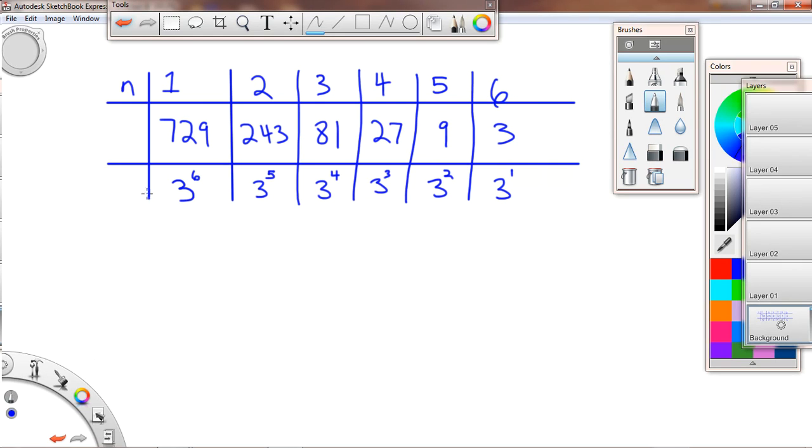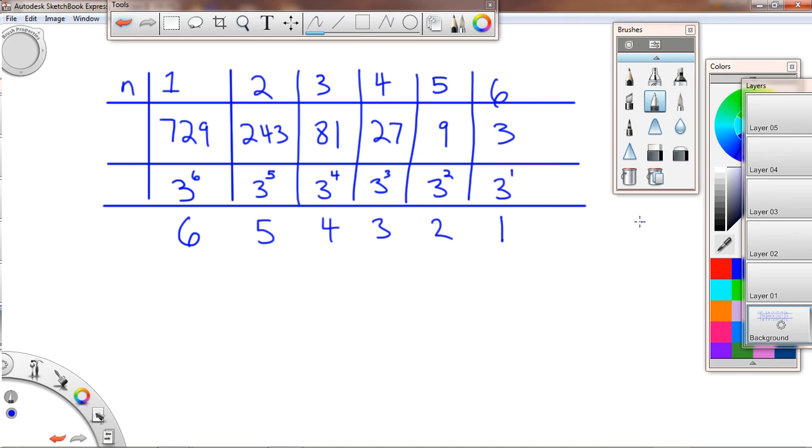Okay. Well, I didn't do a very good job setting up this table, but let's just write here for a second the exponents. Well, the exponent when n is 1 is 6, the exponent here is 5, the exponent here is 4, 3, 2, 1.